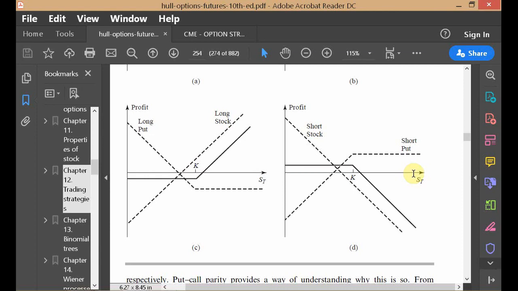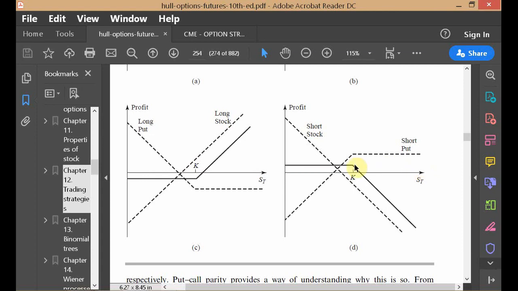So when the market price is higher than the strike price, will the holder of a put exercise? No, because the put holder has the right to sell the underlying asset at the strike price. So why should I sell at K when I can sell in the market at ST? Is this clear?